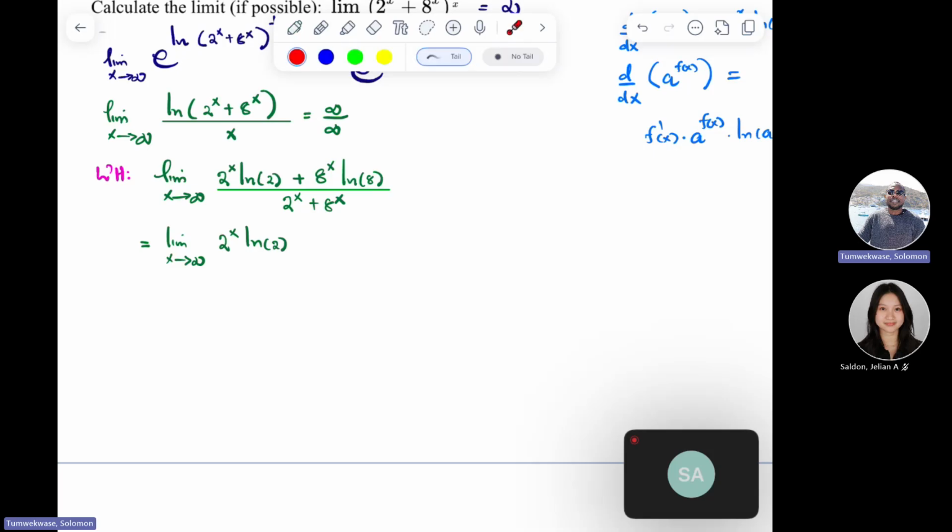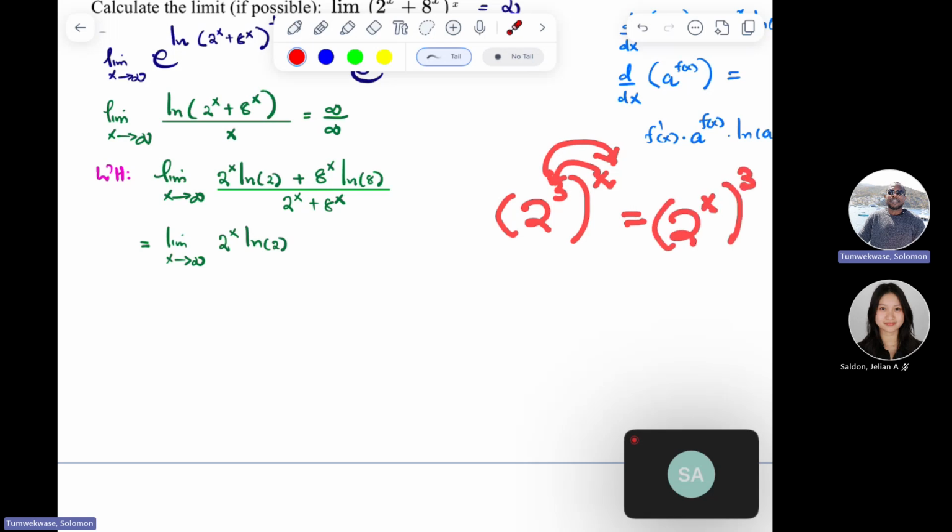Now 8 to the x, I want to write 8 to the x as 2 to the x. Remember 8 is the same as 2 cubed, right? So 8 to the x is the same as 2 cubed, then to the x. Now I can switch up these guys here like this, and I write this as 2 to the x, then to the power 3.